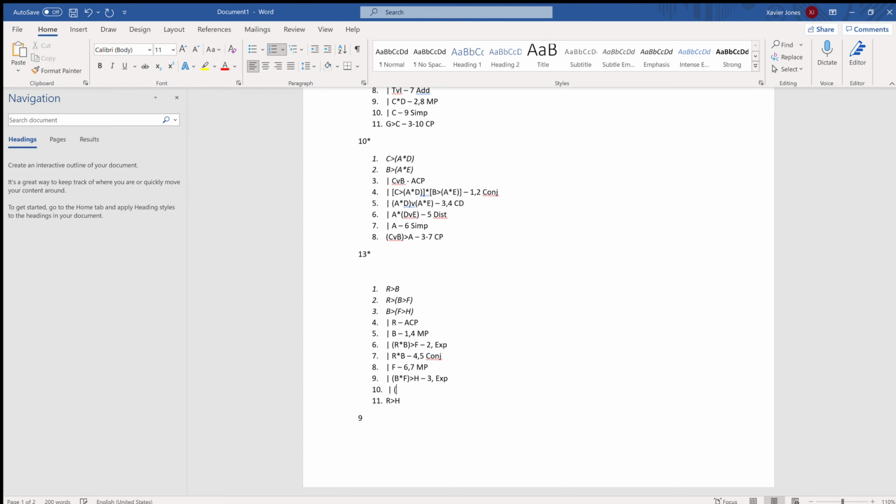Then we combine B and F, which is going to be lines 5 and 8, conjunction.